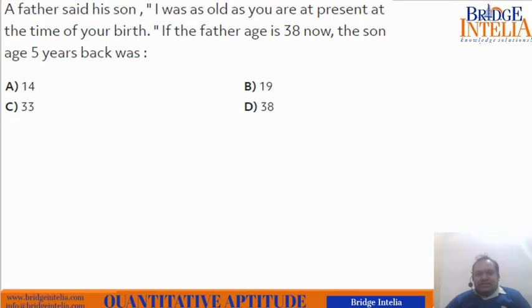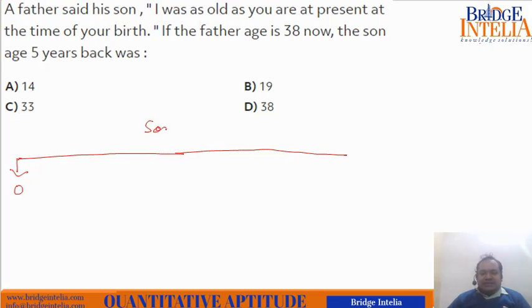What is father telling his son? I was as old as you are at present. Let's understand this on a number line. This is 0. Let's suppose this is son's age today and this is father's age today on the number line.